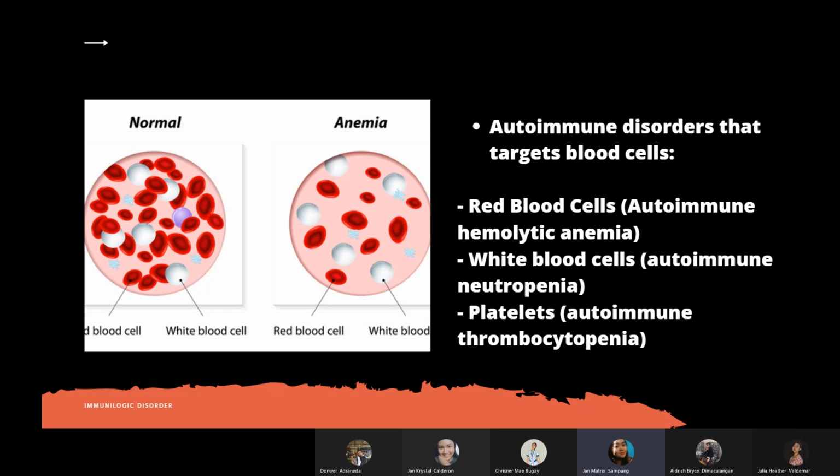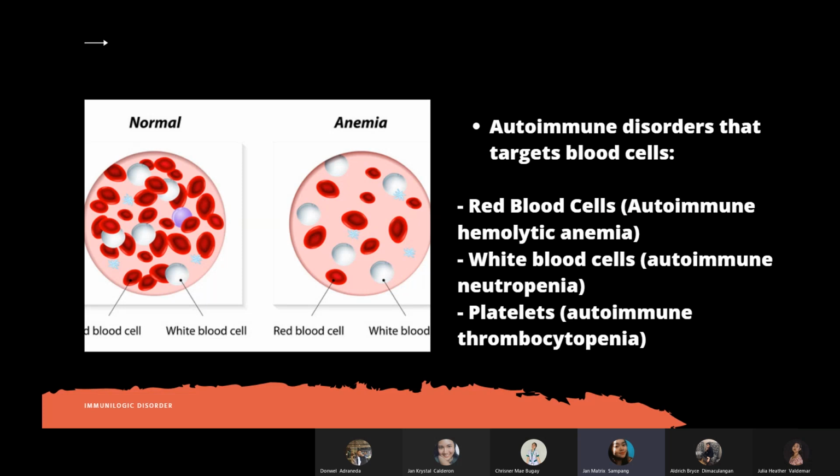And when it attacks our white blood cells, it is called autoimmune neutropenia. Neutropenia occurs when the body destroys infection-fighting cells called neutrophils. A decrease in neutrophils increases the risk of infection, which can lead to symptoms such as mouth ulcers and slow wound healing.